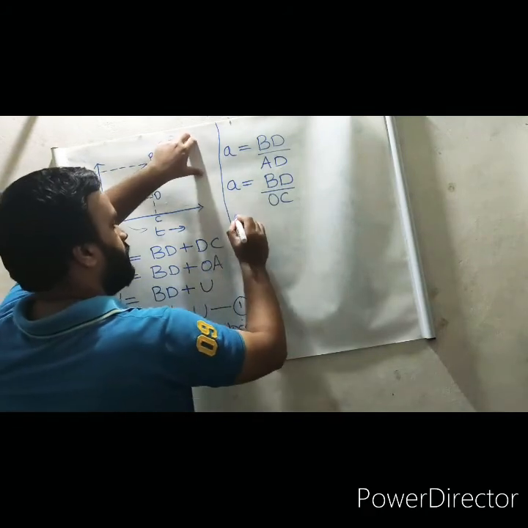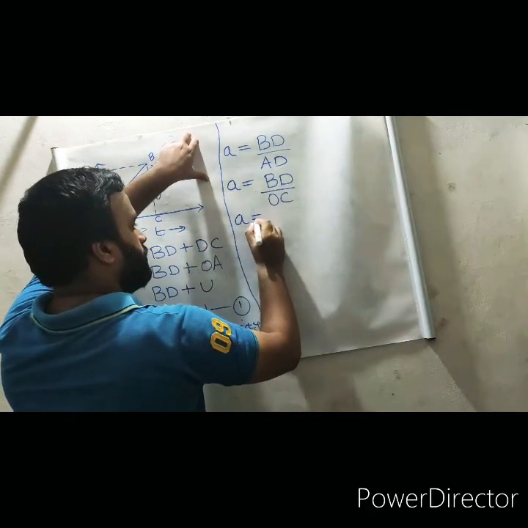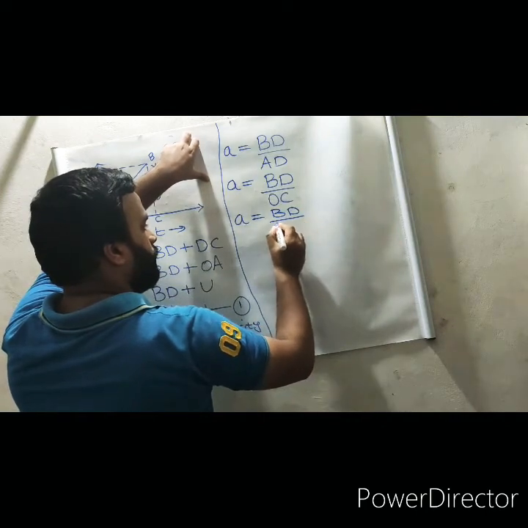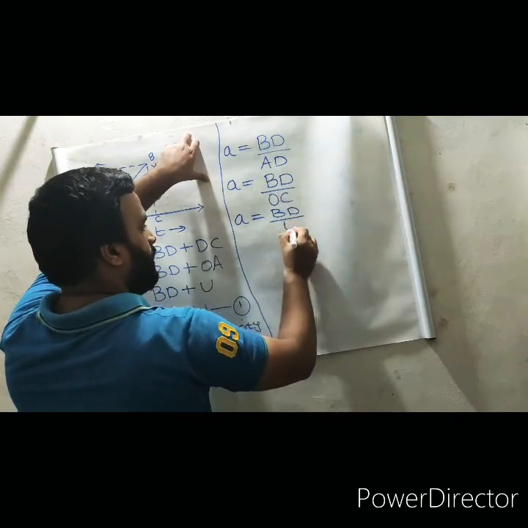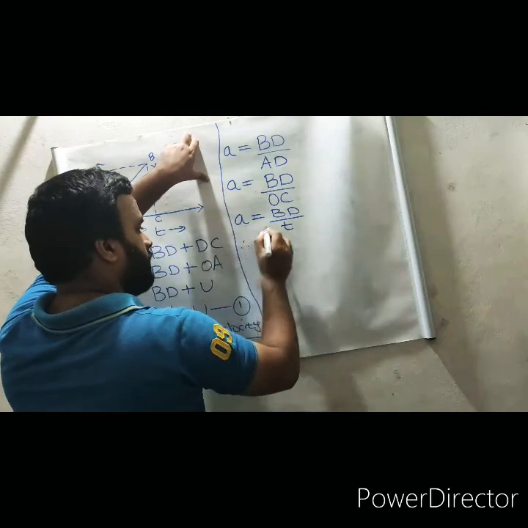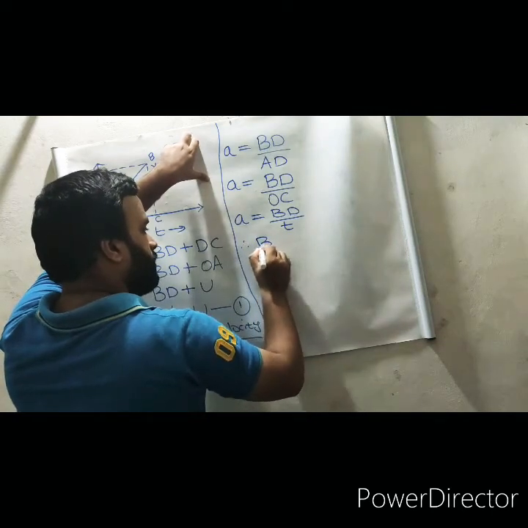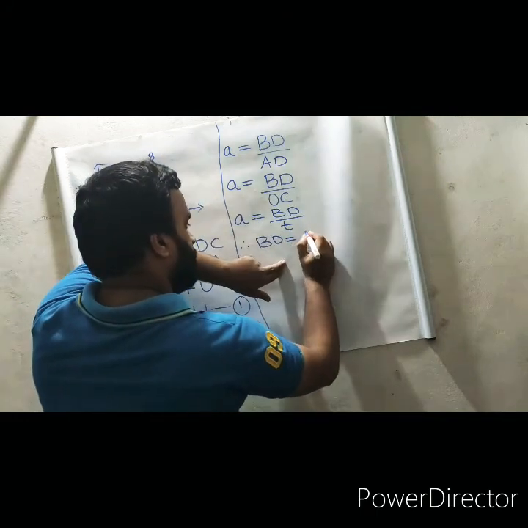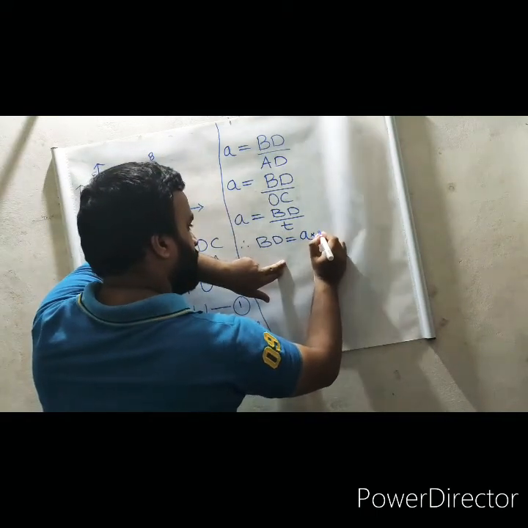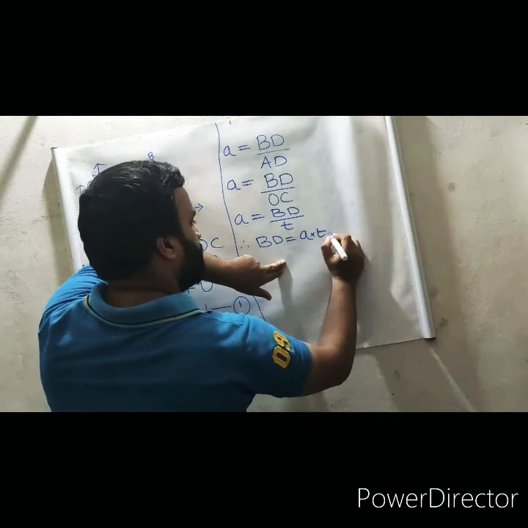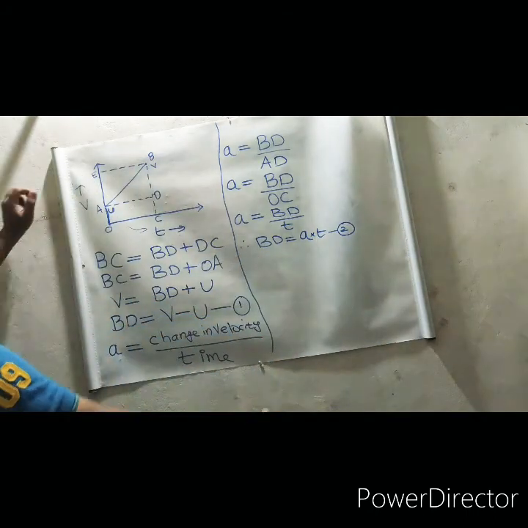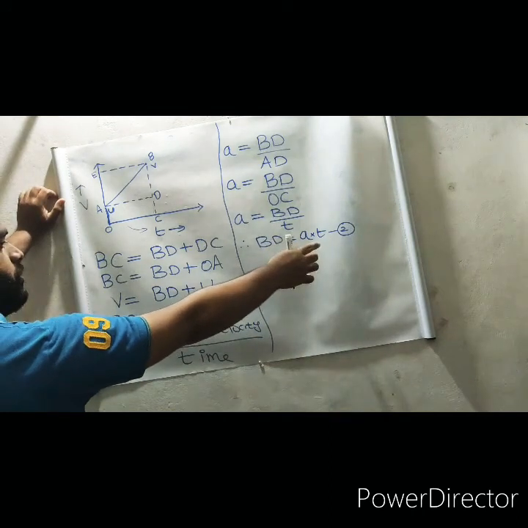So a is equal to BD by t. Therefore BD is equal to a into t. Mark this as equation 2.